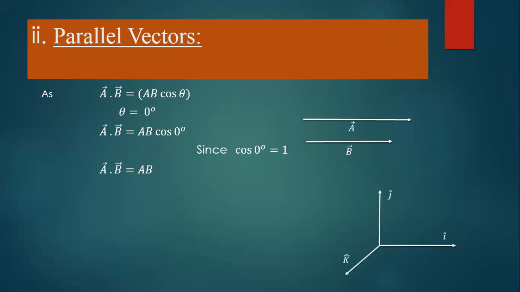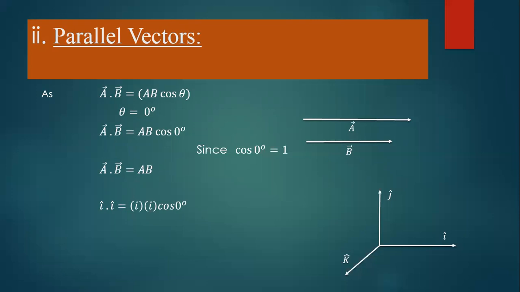In terms of unit vectors, we know that I, J, and K are unit vectors along x-axis, y-axis, and z-axis respectively. So in terms of unit vectors, their scalar product, I dot I: since I is always along x-axis, the angle between I and I is equal to 0 degree.